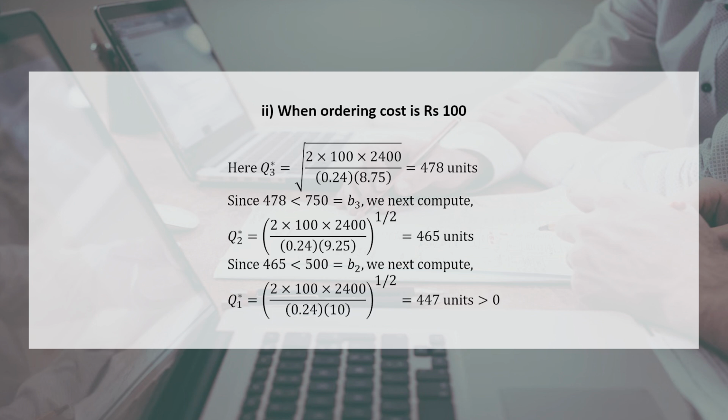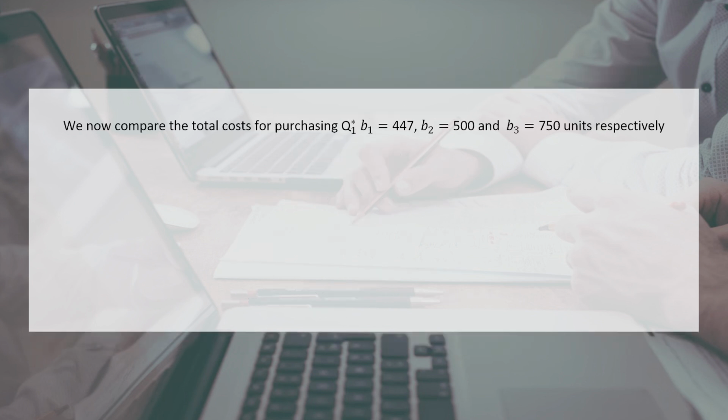So you can calculate Q1 as the square root of 2 multiplied by 100 into 2,400 upon 0.24 into 10. So this 447 units is feasible. Now you have three quantities: one is 447, another is 500 units, and third is 750. We have to calculate the total cost with all these three options.